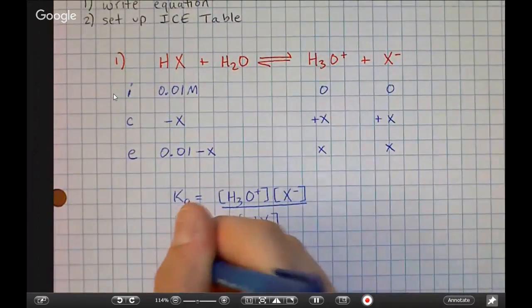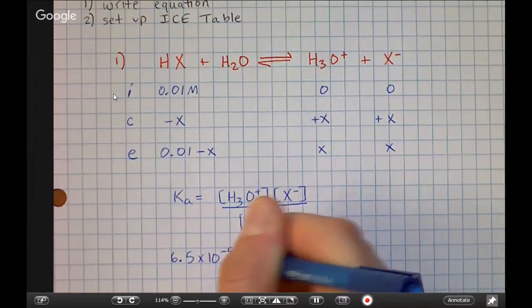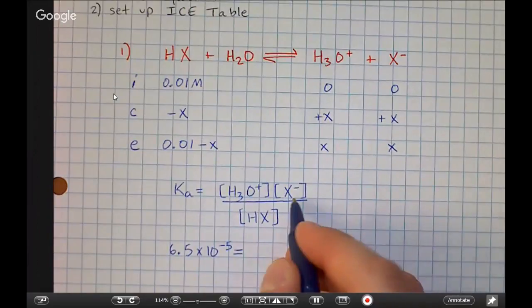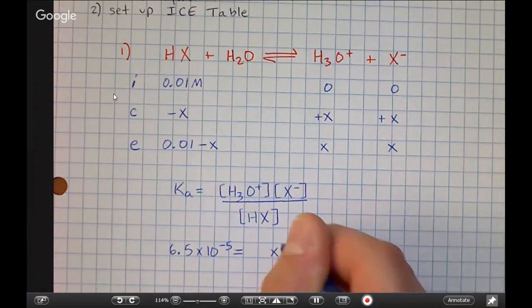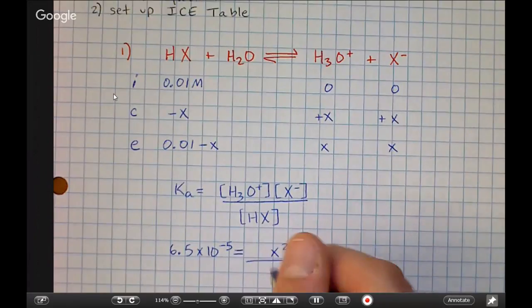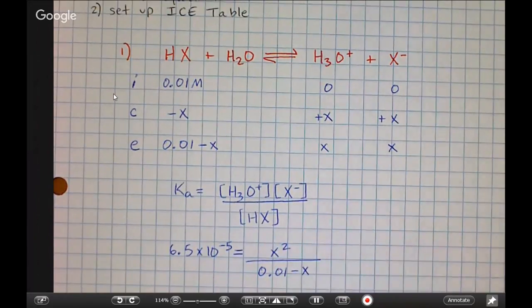So 6.5 times 10 to the minus 5 equals our concentration of hydronium, which is X, and our X minus is X. So together, you see how that's X squared? Can I make that jump okay? And then on the bottom, we have 0.01 minus X.